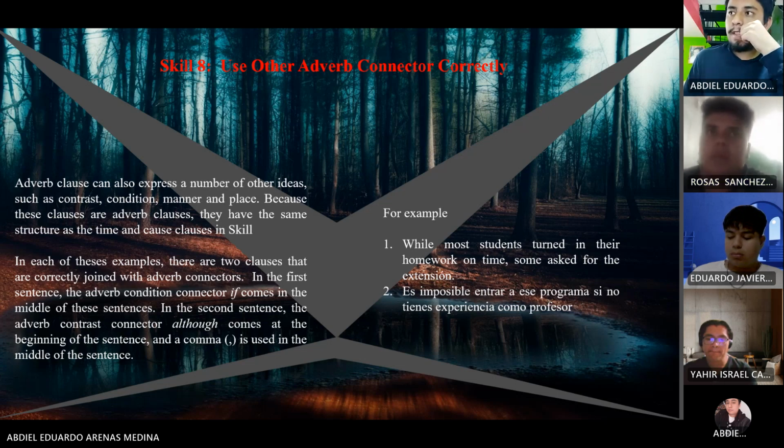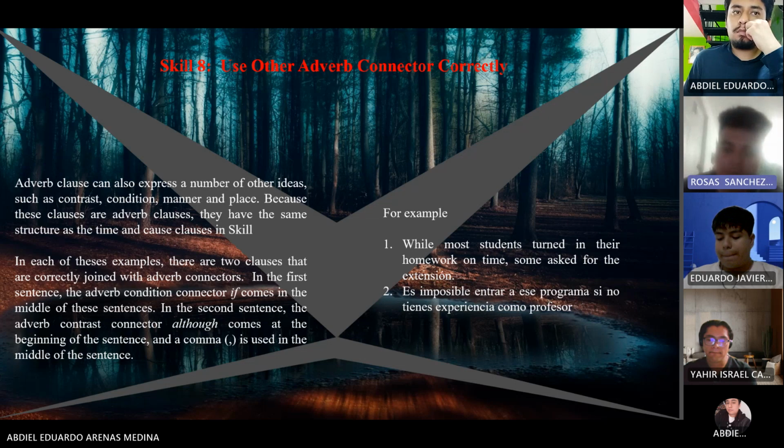Why? Both clauses are correct because each clause has a subject and a verb. The connector is correct too.